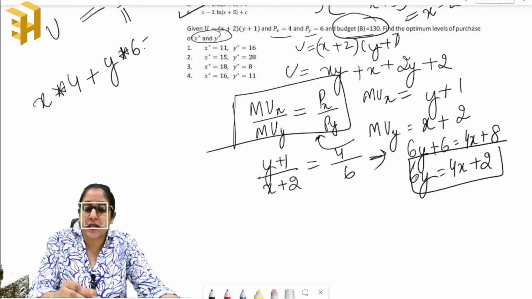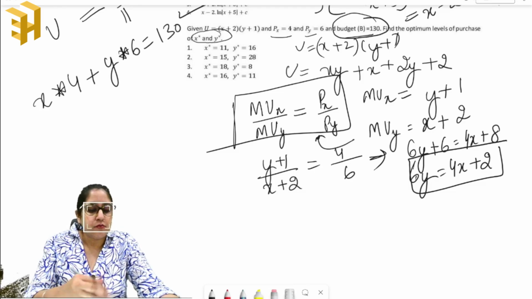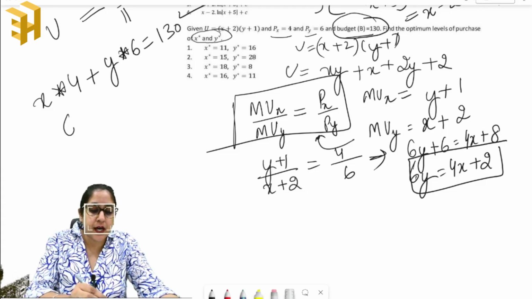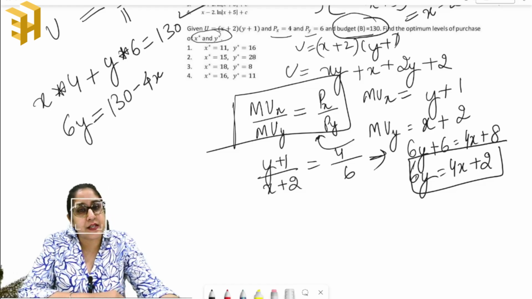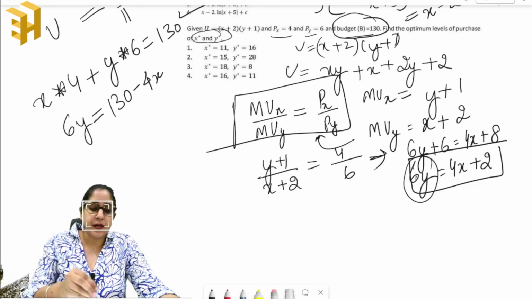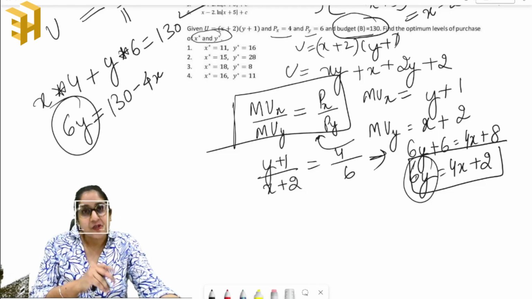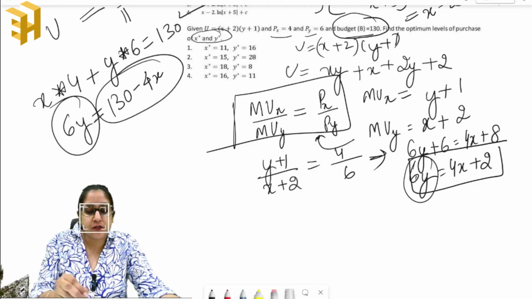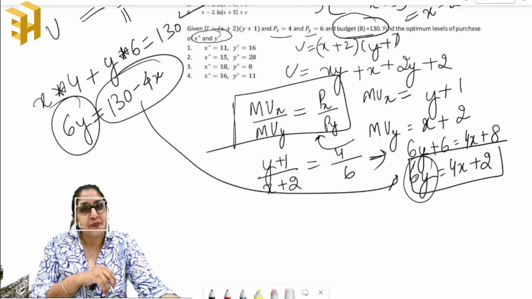Like x into price of x is 4 plus y into price of y is 6 is equal to 130. Just simplify it. We get 6y is equal to 130 minus 4x. Isn't it? 6y common here, 6y common here. So why don't we substitute this value here? Right?